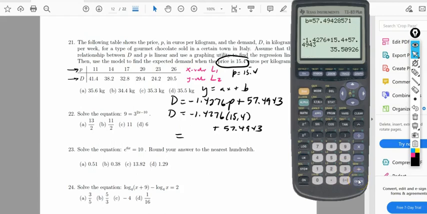Okay. And then take it to 1 decimal place, which gives me 35.5. So that's about equal to 35.5. And you can see that's matching with selection D.